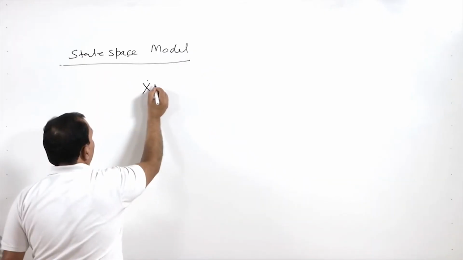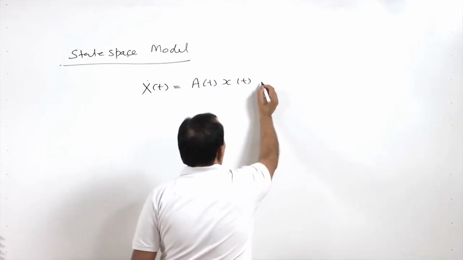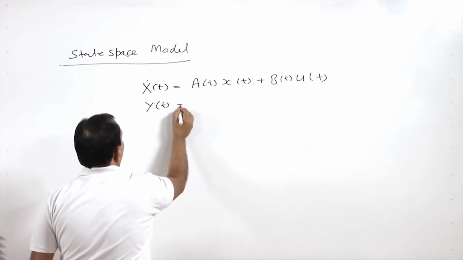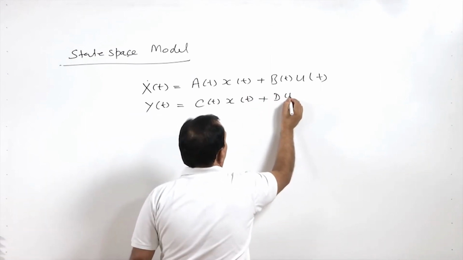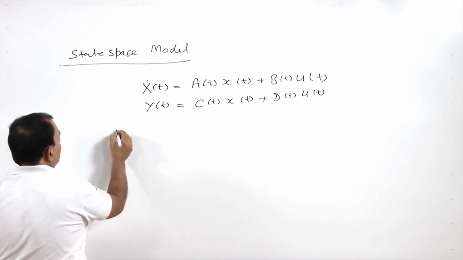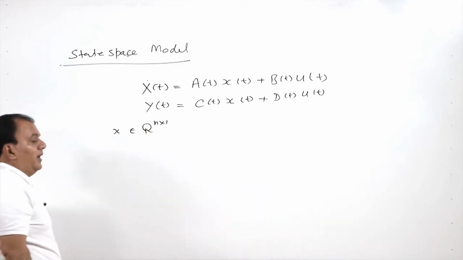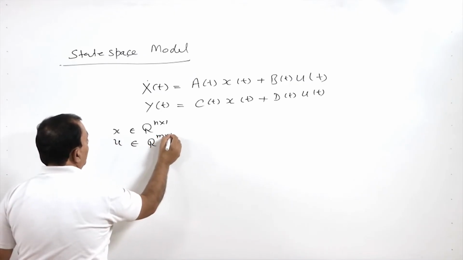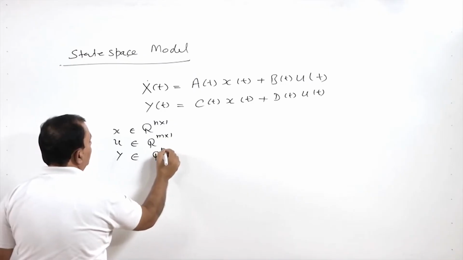Normally we represent the system as x dot of t equals A(t) x(t) plus B(t) u(t), and y(t) equals C(t) x(t) plus D(t) u(t), where x is a vector of n cross 1, u is also a vector, let us say m cross 1, and y is also a vector, let us say p cross 1.